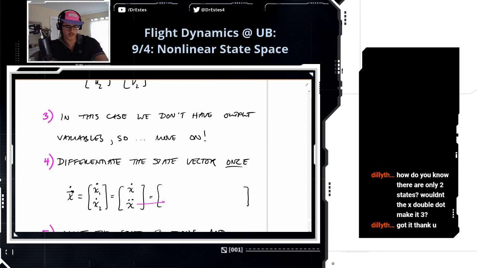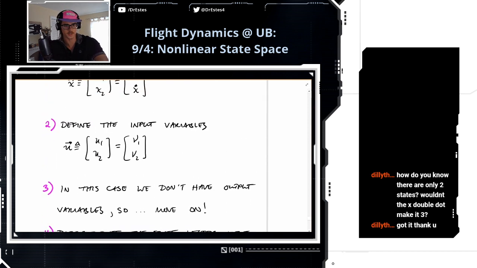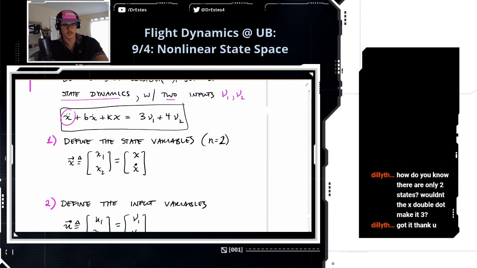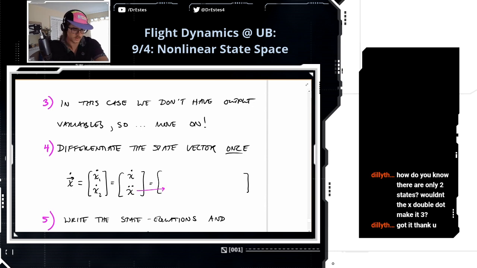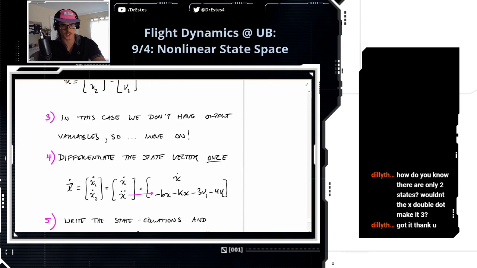So I want to fill in x double dot, so I have to go back up here because I don't remember what it was. Okay, I got it. It's minus b x dot minus kx minus 3 nu 1 minus 4 nu 2. And then x dot is just x dot. Did I get that right? I'm going to check.